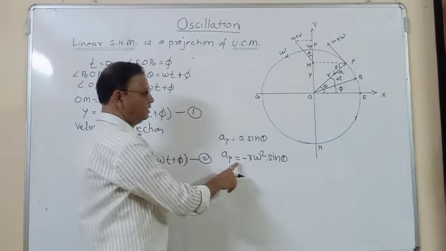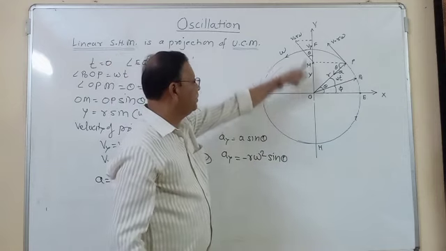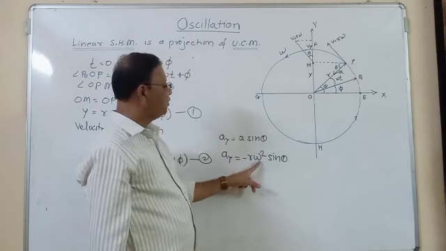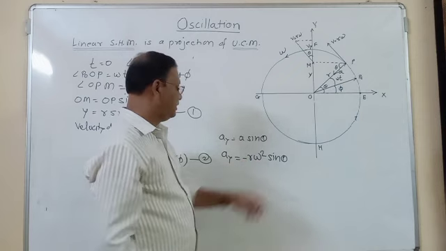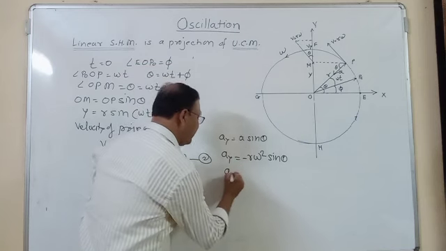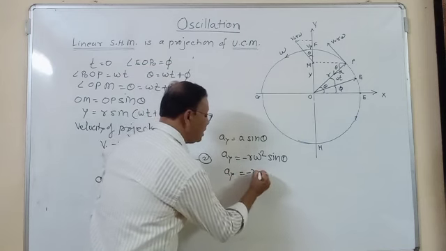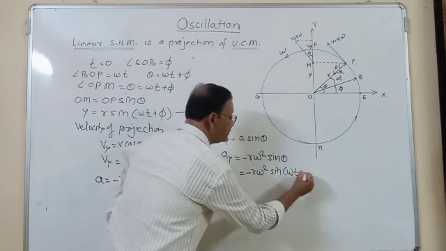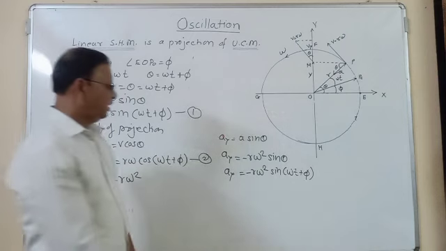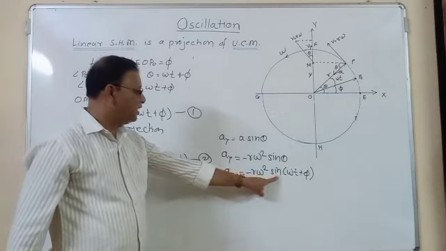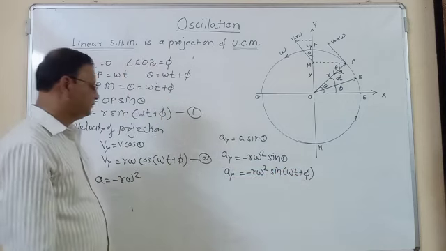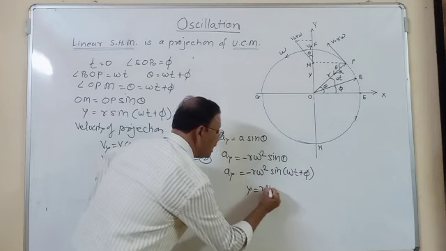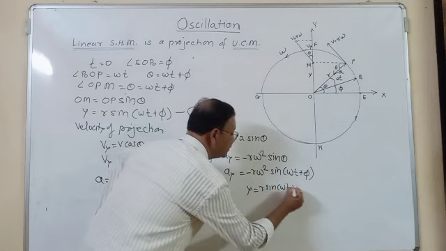So acceleration of a projection of a particle, Ay is equal to minus r omega square sin theta, or we can write Ay is equal to minus r omega square sin of omega t plus phi. Now r sin of omega t plus phi is equal to y. You have seen that relation already: y is equal to r sin of omega t plus phi.